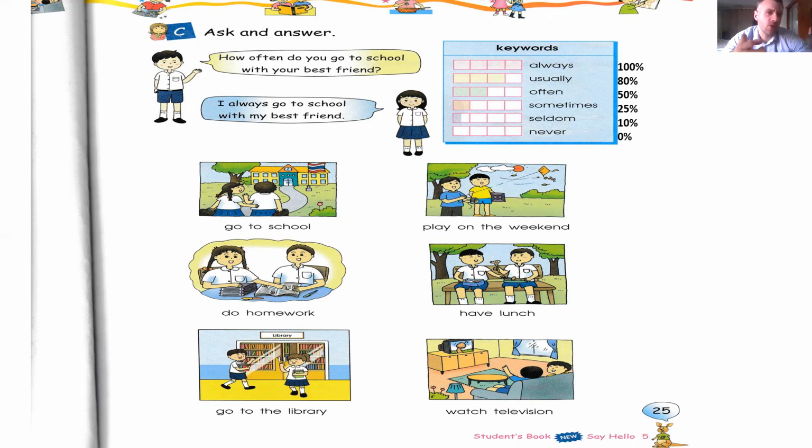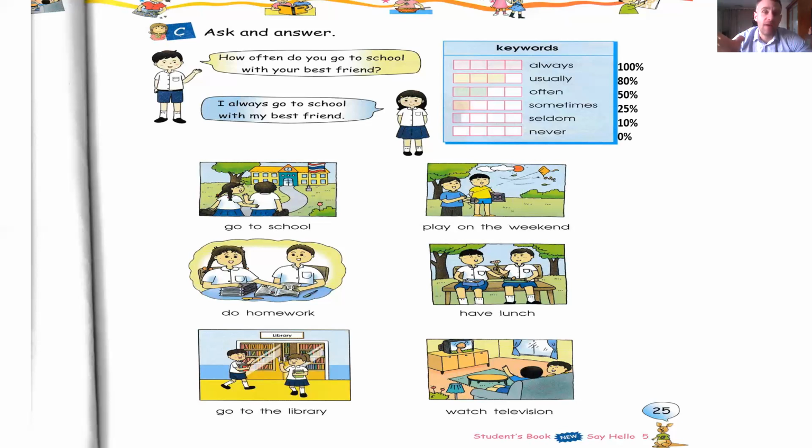Let's take a look at go to school, for example. If you must express the frequency that you go to school, you can say, I always go to school. Yes, because every week, every year, till you go to work. It's 100%. Play on the weekend.